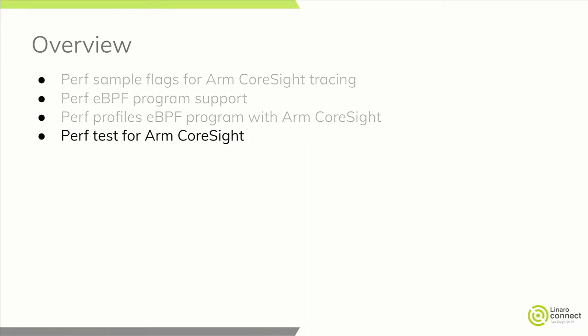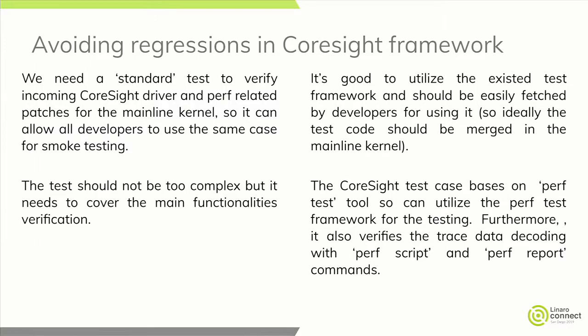The next case is that we want to enable the Perf test for Arm CoreSight. The reason is that patches keep coming for the CoreSight driver and for Perf, and sometimes they introduce regressions. So we want to find regressions and allow developers to use the same test case to verify their patches.